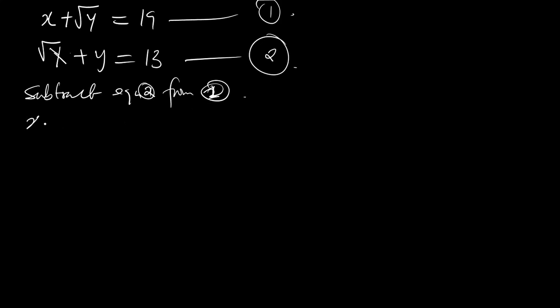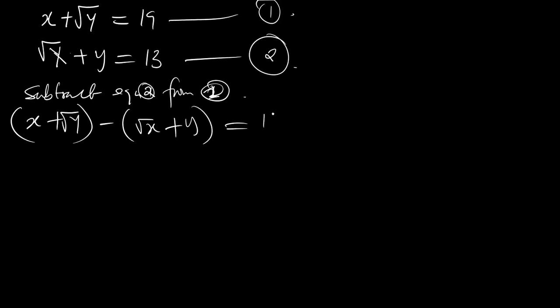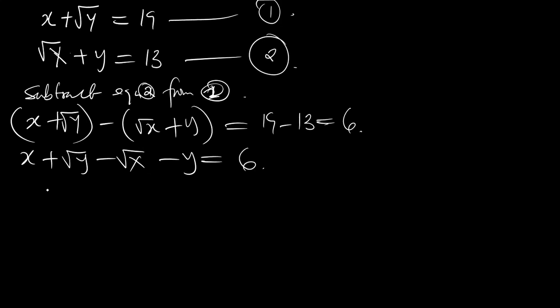That means we have x plus the square root of y minus the square root of x plus y equal to 19 minus 13. This will give us 6. Open up this bracket: x plus the square root of y minus the square root of x minus y is equal to 6.